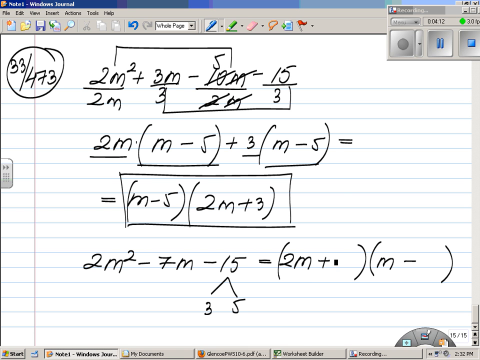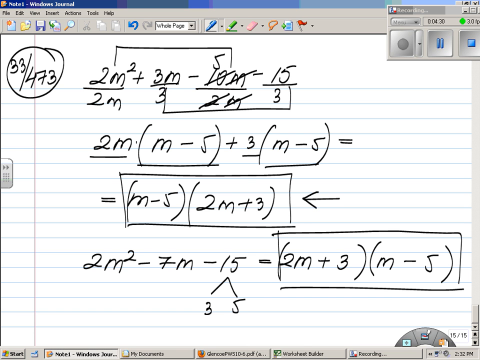And we know already now that this will be 2m plus 3 and m minus 5, because we already did it by grouping. But by trial and error, you will be able to find these two numbers and come up with the same answer that you previously found by grouping. Any questions?